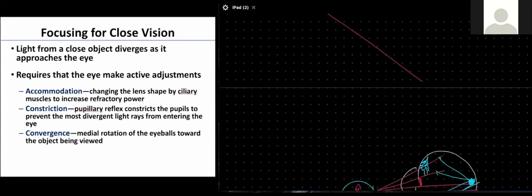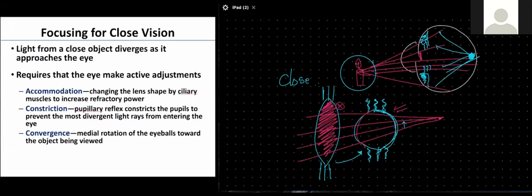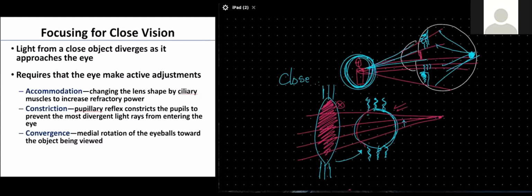But your problem when you get older is with a close object. With a close object, I will need a greater convergence power to focus those light rays on my retina. Easy, easy. What do we call this process again? It's accommodation.